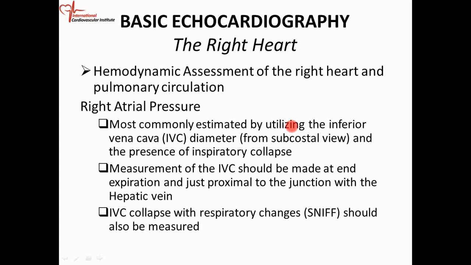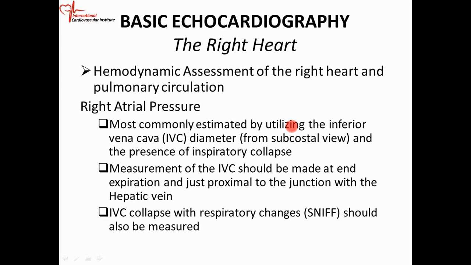And then we take it to the next extreme. If it's more than 2.1 centimeters, and if you get less than 50% collapse with inspiration, then the right atrial pressure is 15 or more. And anything that's in between is 8.